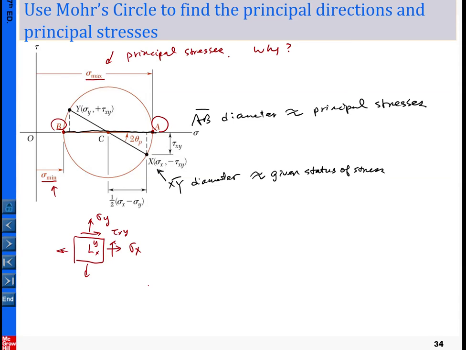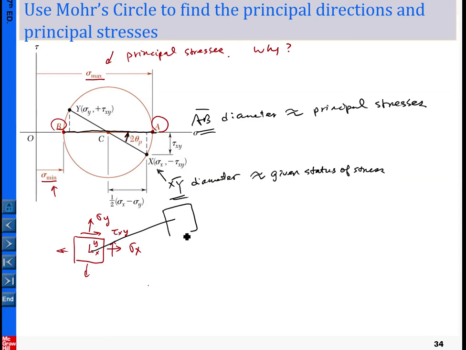So how to calculate the orientation is pretty easy. You simply find the angle between the given diameter and the diameter for the principal stresses, which is shown here, this angle. And this angle is twice the amount of the angle we're going to operate with here.